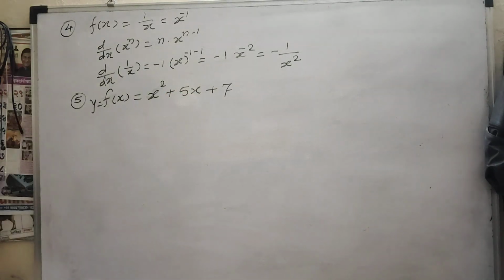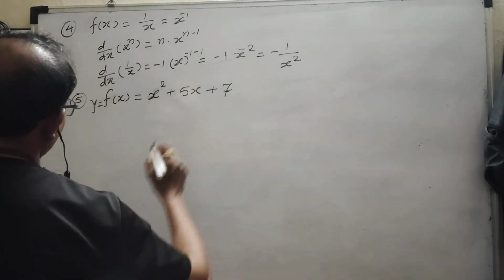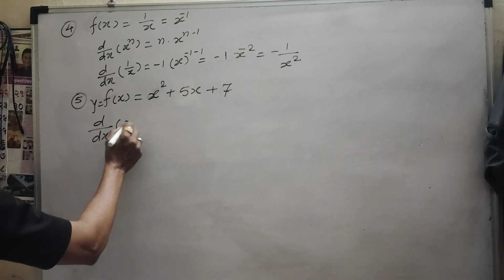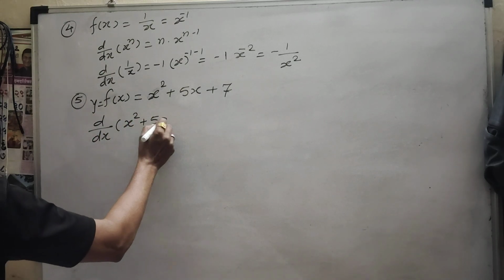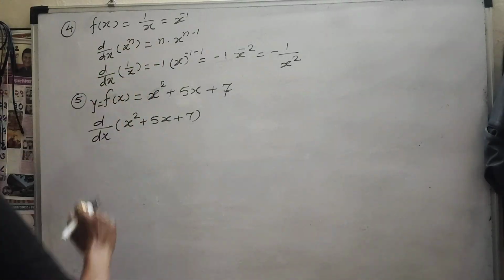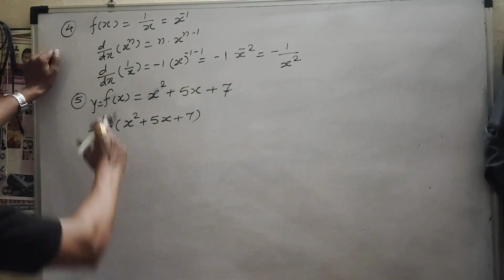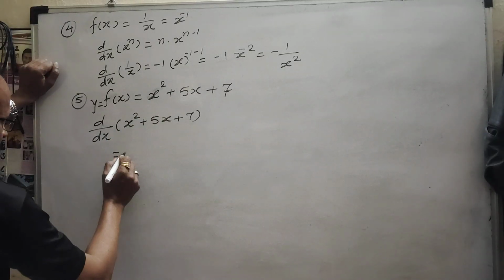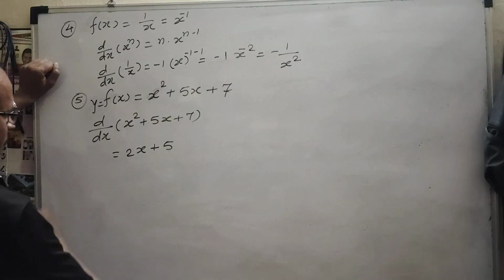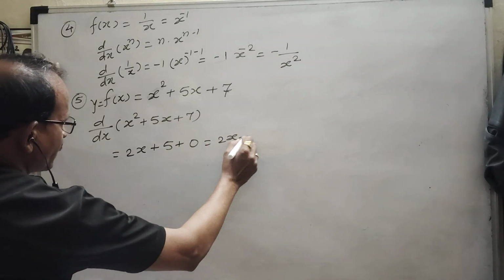What is the derivative of this quadratic polynomial? Yes, so differentiate it. dy dx of x square plus 5x plus 7, like this x raised to n, to use फार्मूला, जहाँ जहाँ पावर हो तो पावर का यही यूज करना. तो x स्क्वायर का डेरिवेटिव हो जाएगा 2x प्लस 5x का 5 और 7 तो कांस्टेंट है, इसका 0 हो जाएगा, हेंस 2x प्लस 5.